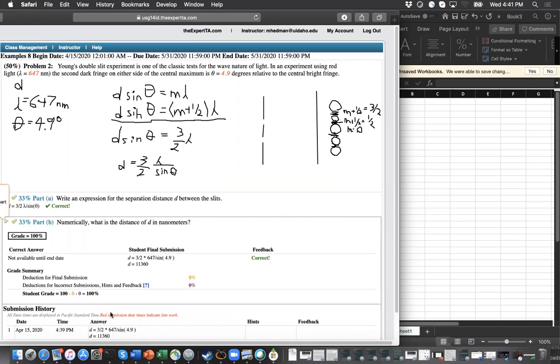We hit submit, and we get 11,360 nanometers. So let's write that down: d is 11,360 nanometers.